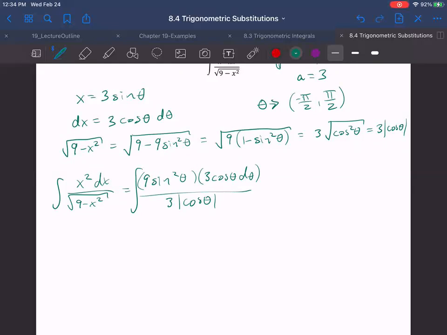No. All right. So that means we can cancel this 3 cosine theta with that 3 cosine theta, correct? Which means we have 9 times the integral of sine squared theta d theta.